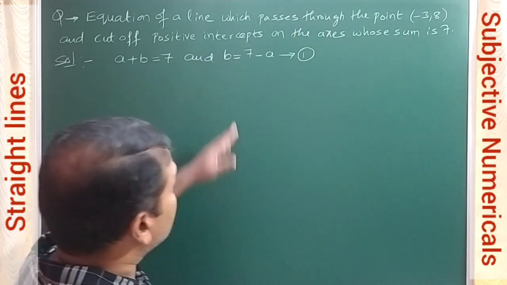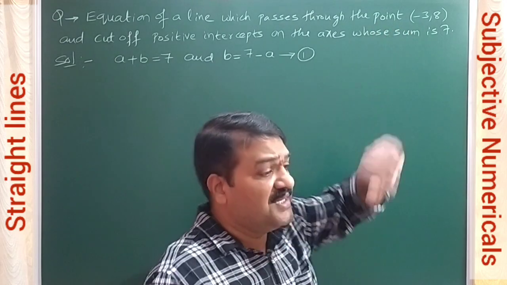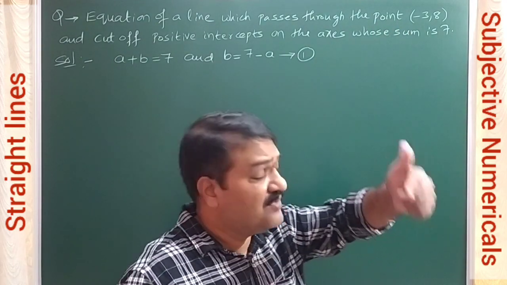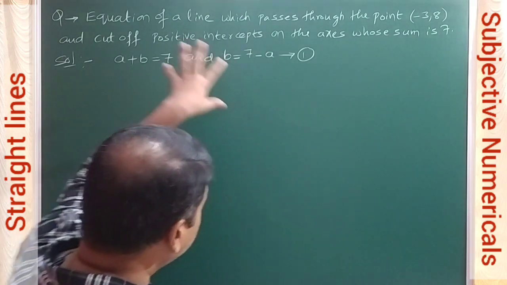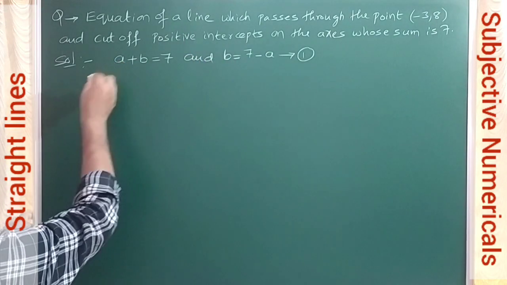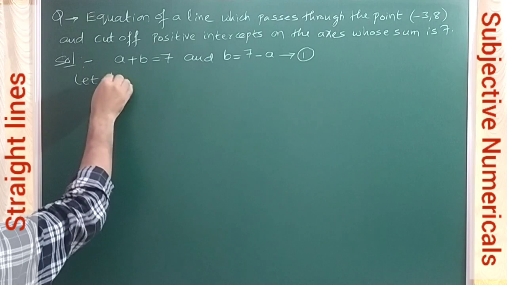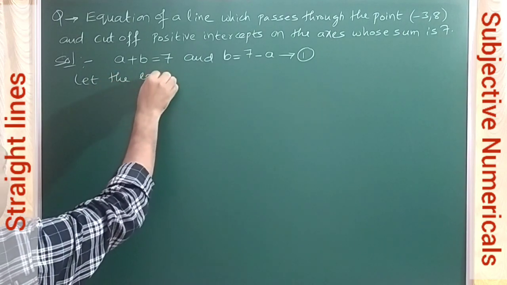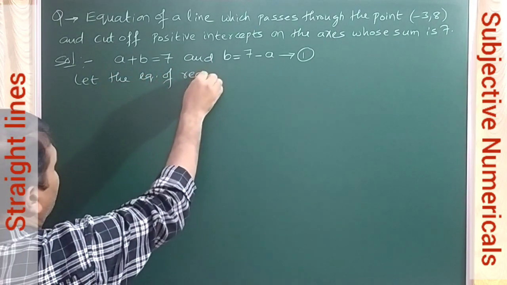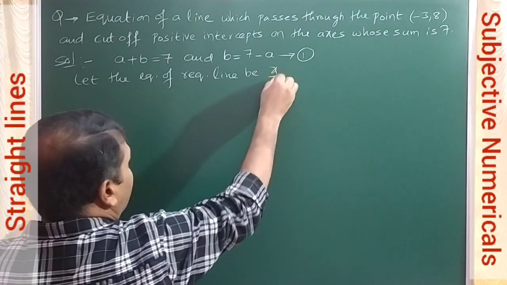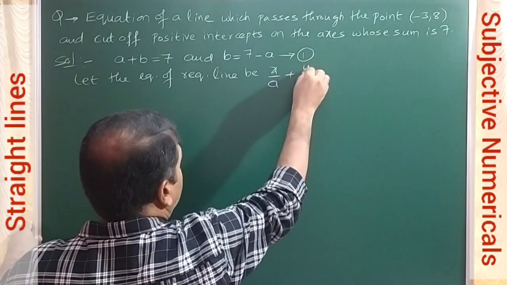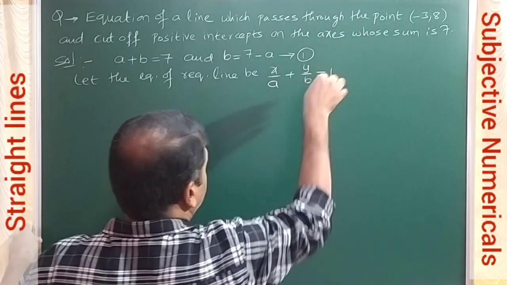Next step. The line is passing through (-3, 8). Means the required line which we have to find is passing through (-3, 8). So since intercepts are mentioned here, let the equation of the required line be taken as x by a plus y by b is equal to 1.